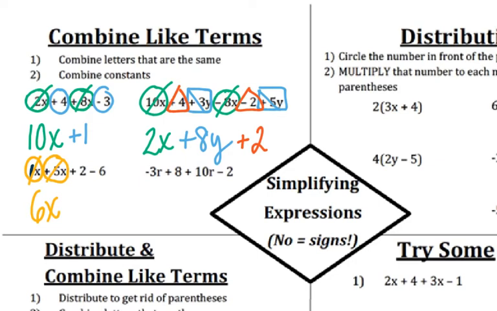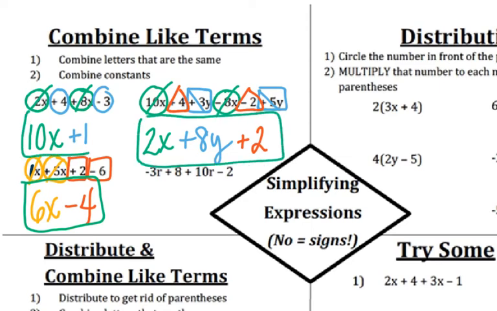So I've combined my x's. Now I have a positive 2 and a minus 6. You can use that Desmos calculator if you need it. 2 minus 6 is the number negative 4. Notice there are no equal signs for any of these. We're just simplifying. It means we're just putting the letters and the numbers together.